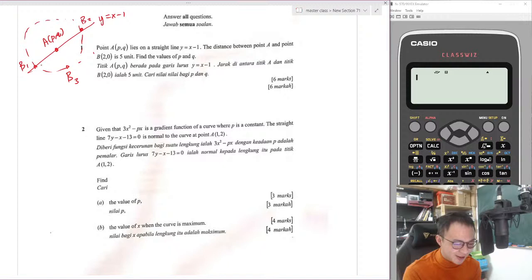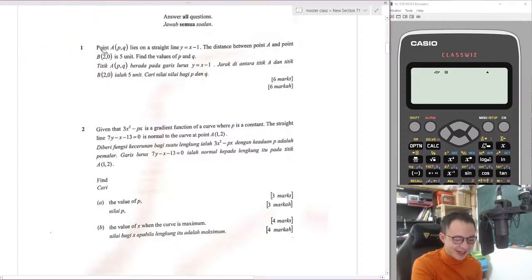I think this question is a little bit confusing here. But what I know here is AB will always be 5 units, right?